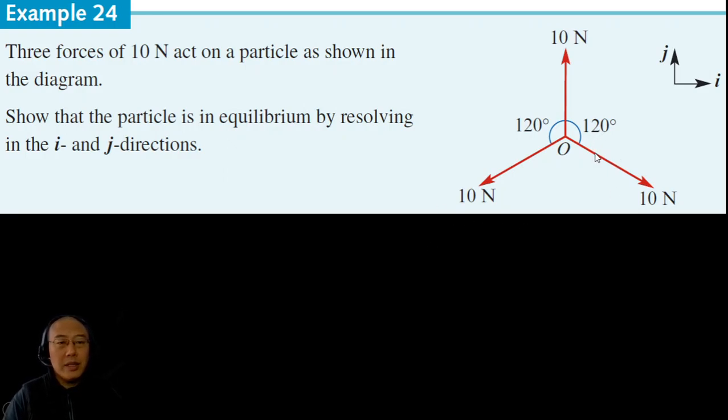Okay, so in this example, here you could use the Lami's theorem to solve it, but here we're going to use the resolution in the i and j direction. So express all the vectors in terms of i and j. So you're going to have to narrow down the angles. You draw your horizontal line to find your angles in terms of either the x or the y-axis.